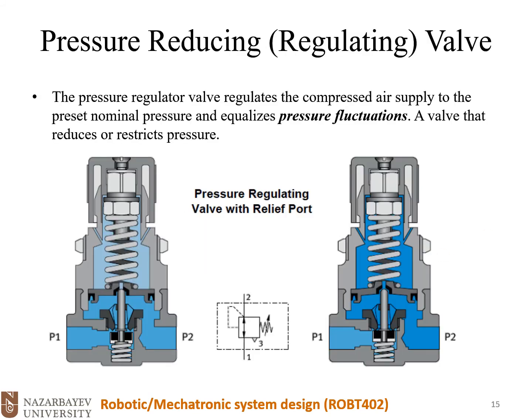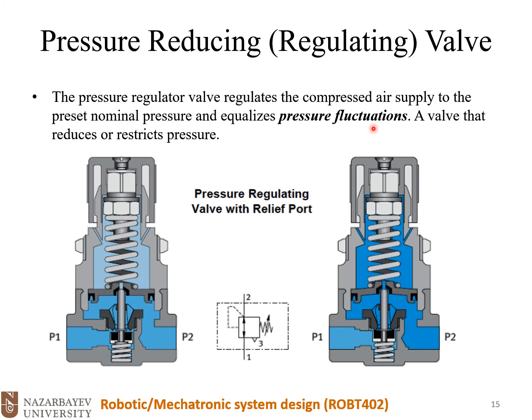Another valve is a pressure reducing or pressure regulating valve. The pressure regulator valve regulates the compressed air supply to the preset nominal pressure and equalizes pressure fluctuations. It is a valve that reduces or restricts pressure. So we want to equalize pressure fluctuations.